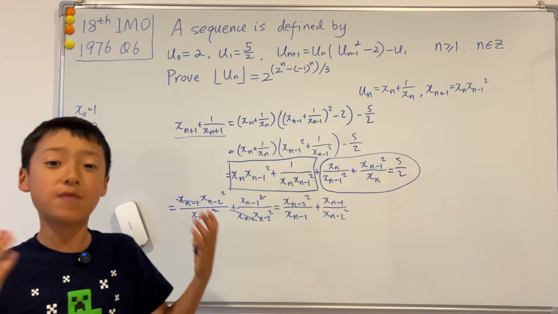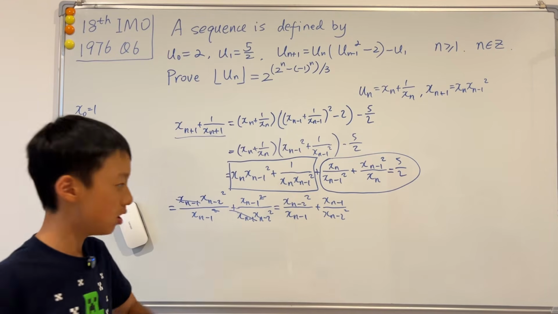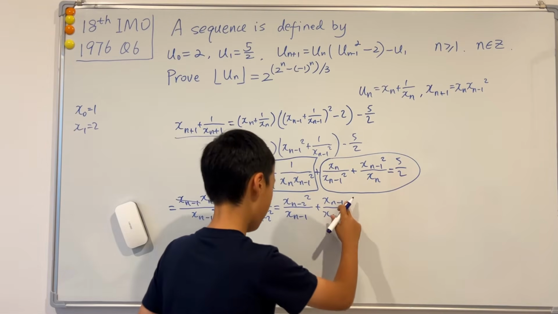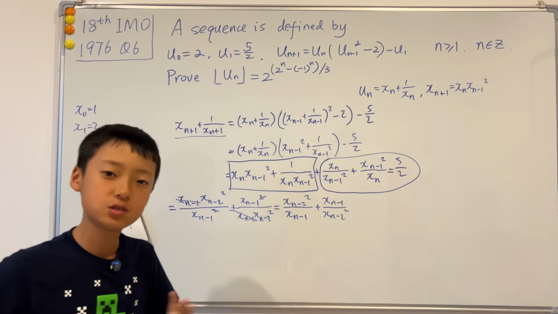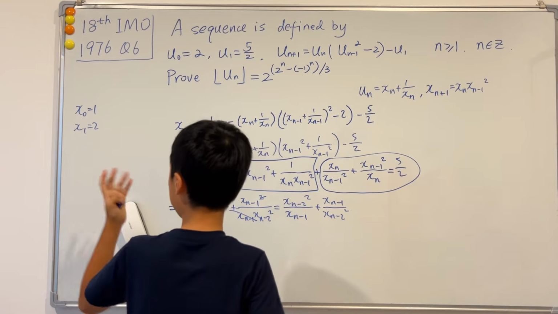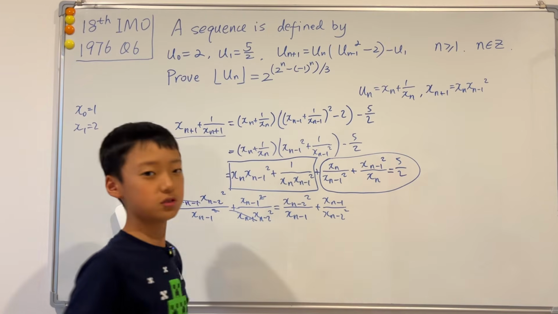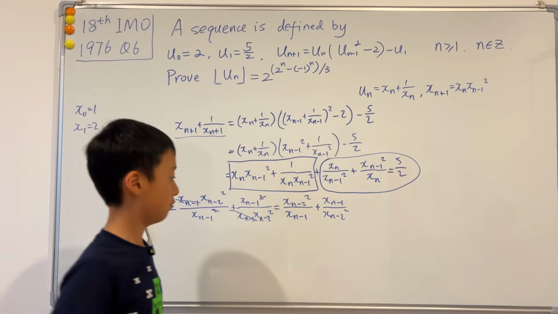time, then eventually, of course, we will reach a time where it will be x1 and x0. And that's why I told you beforehand to get our initial values ready, because we will need them here.